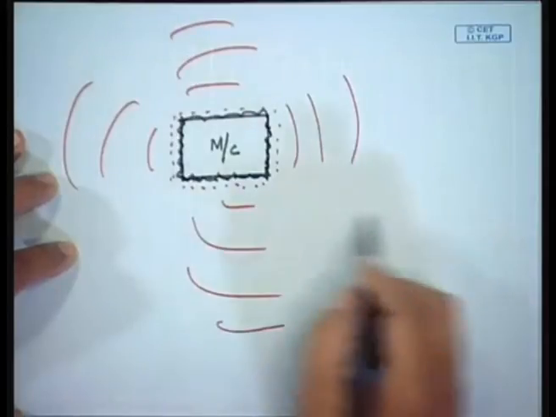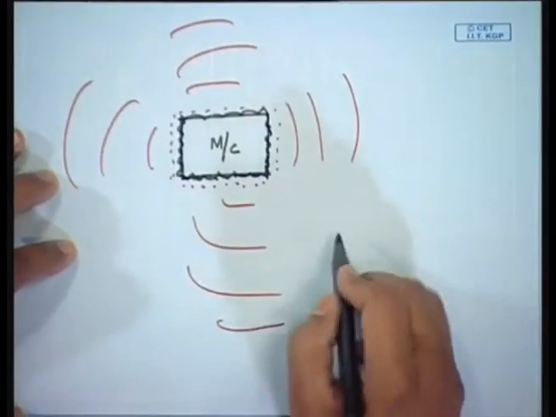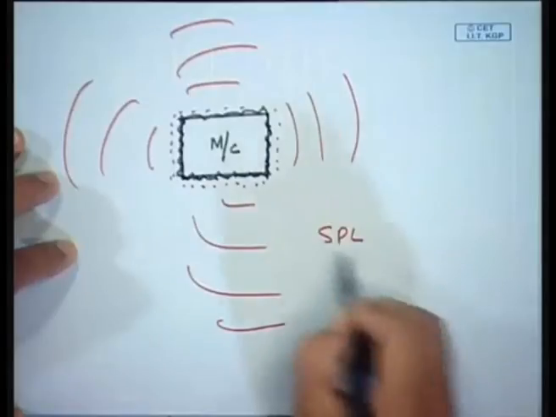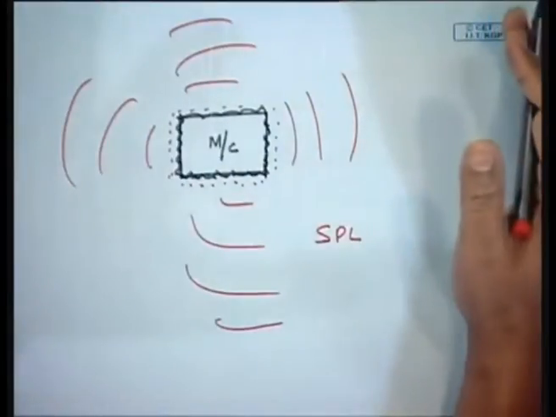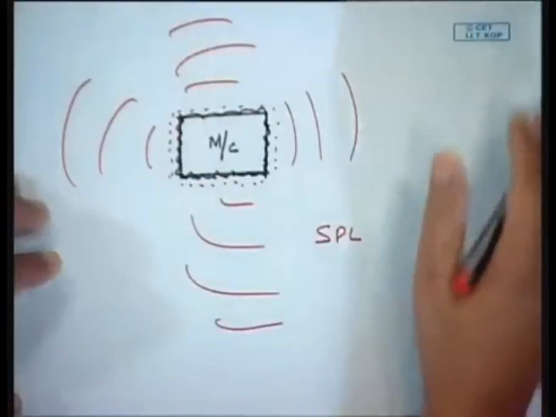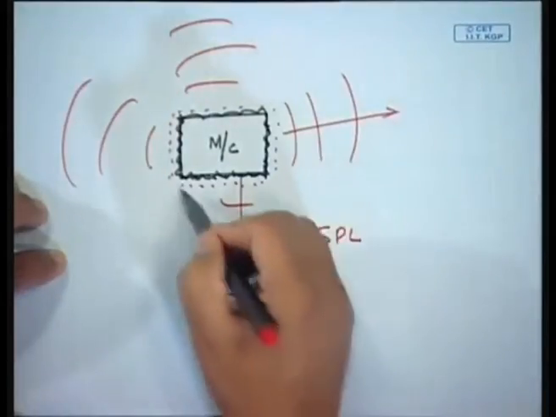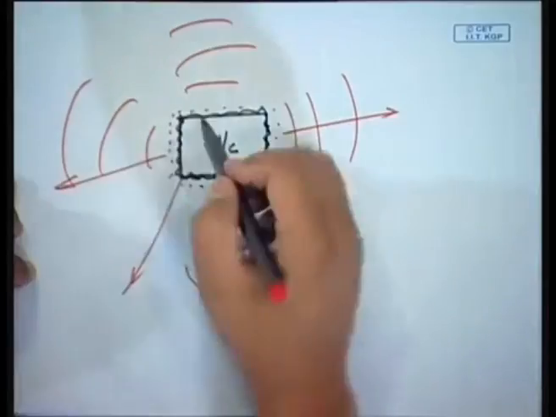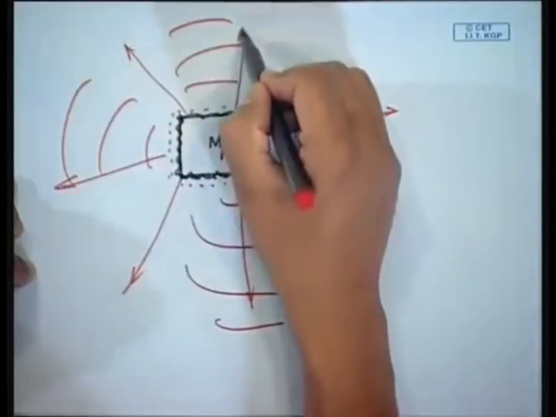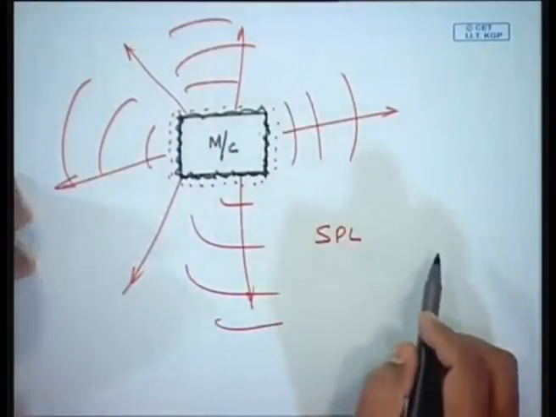Okay. But you will see this sound pressure level, suppose there were no obstructions, they would go in all directions, and imagine this to be a spherical source.